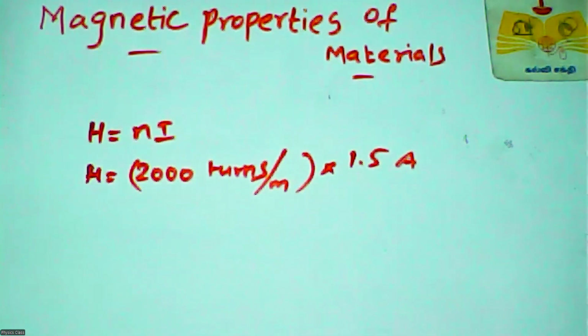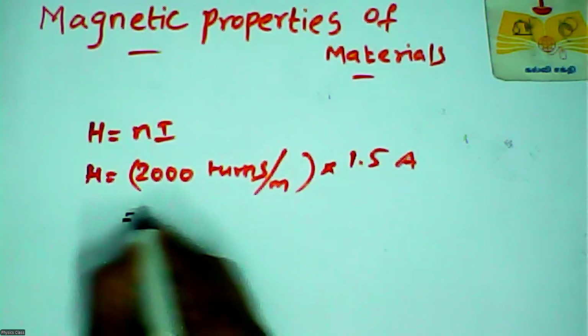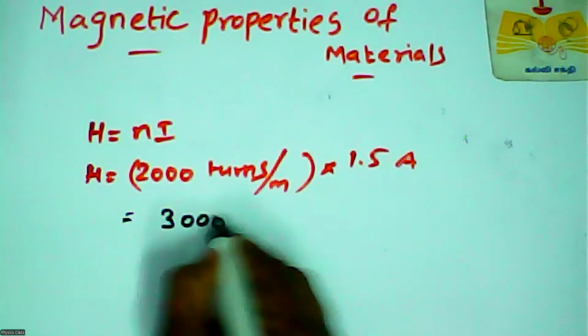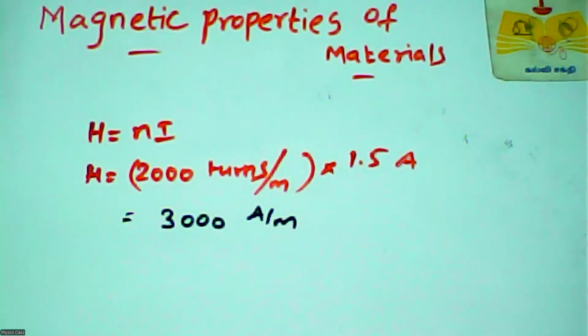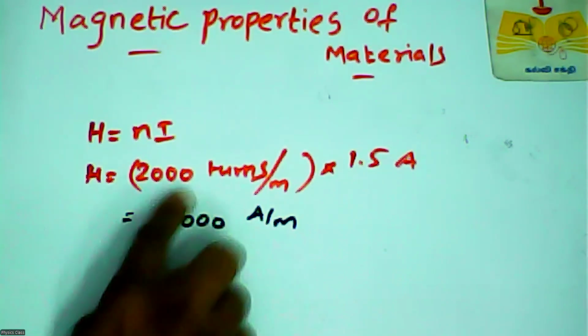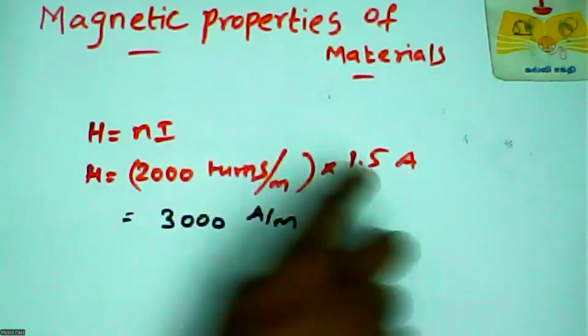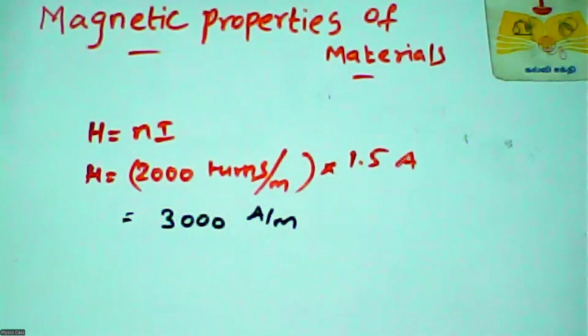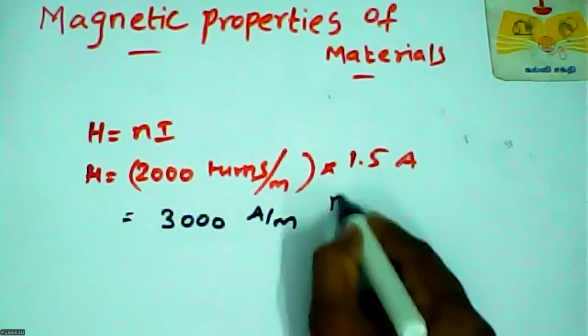So which gives 3000 ampere per meter. Okay. Now the magnetic field B.